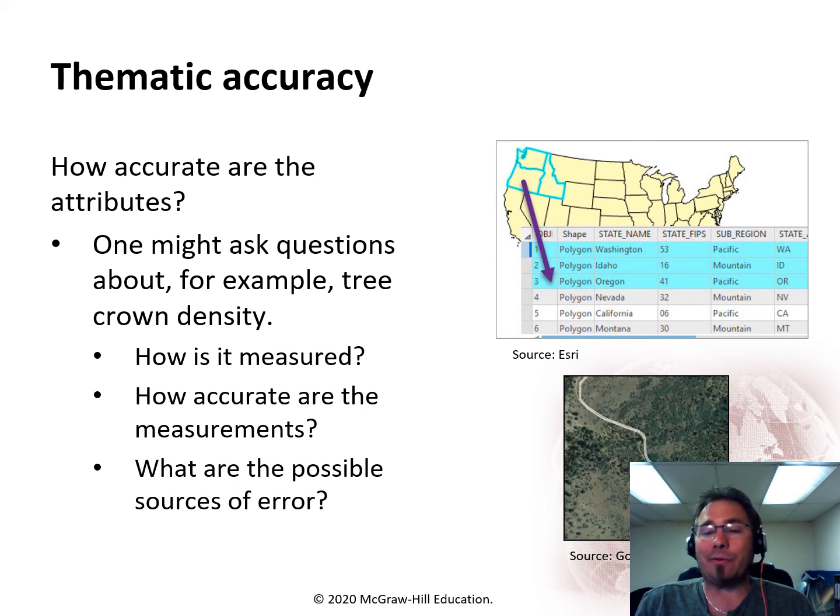I want a lot of accuracy, because my vineyard doesn't take up a lot of space, so I don't want a 30-meter DEM where that's like half the vineyard right there. So you have to ask yourself these questions, making sure I'm using the right data. How accurate is it? If I run an analysis on it, is it going to be within the confidence limits that I'm comfortable with to, let's say, produce an output and present that to, let's say, a research article? So these are the kinds of things you have to keep in mind as you go forward.